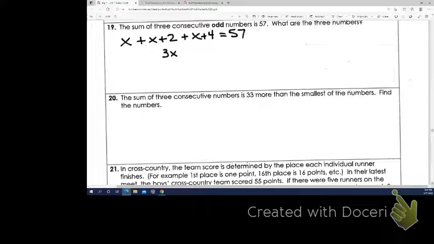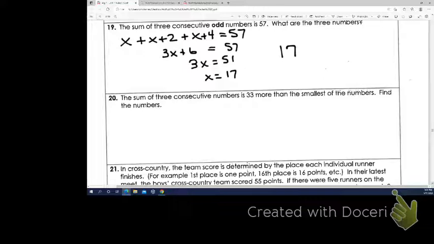That gives me 3x plus 6 is 57. Then we have our two-step equation, subtract 6, divide by 3, and I get 17.